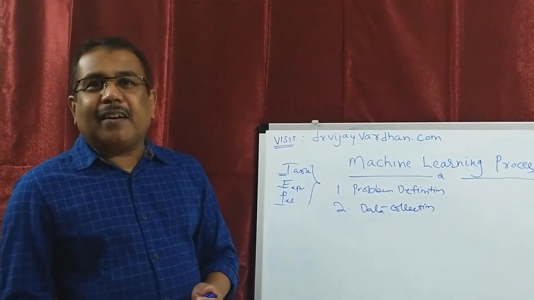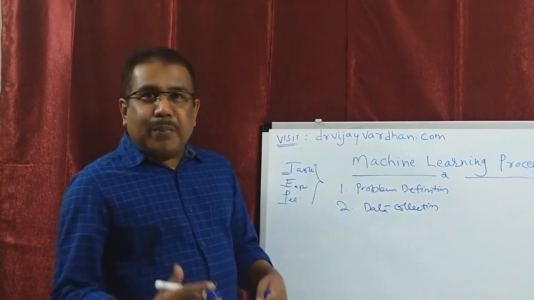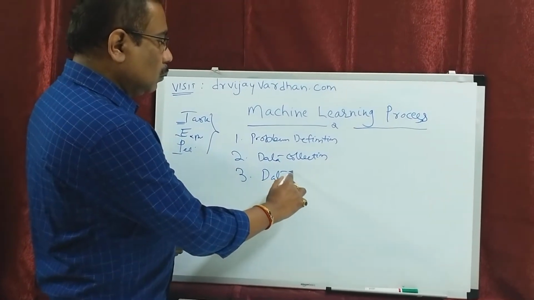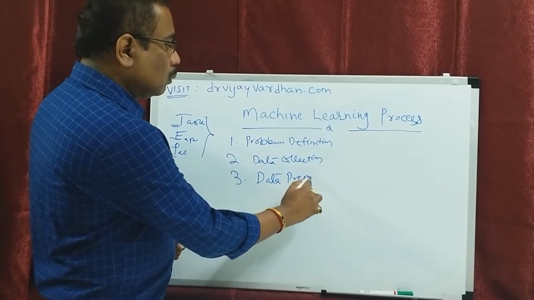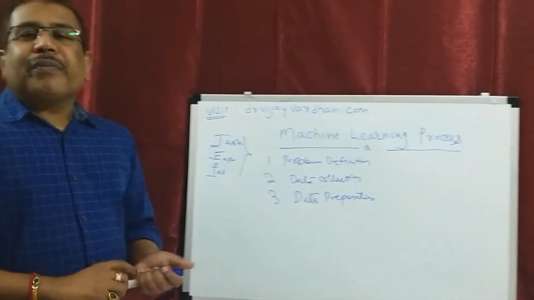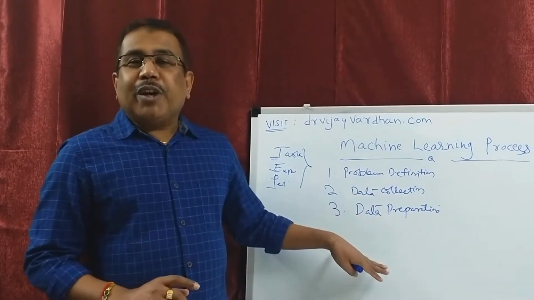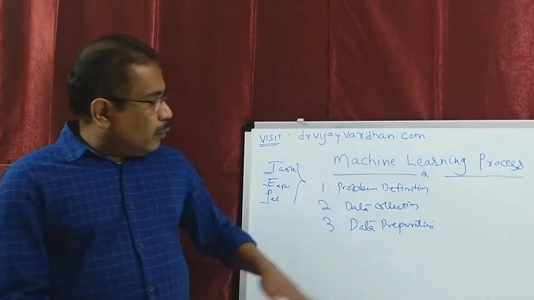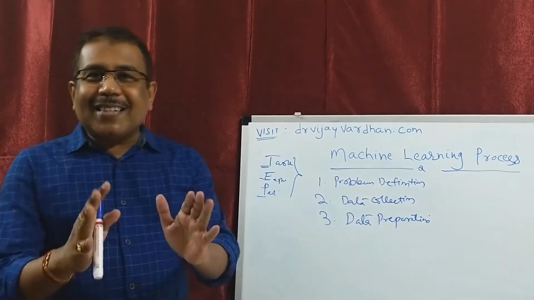Data collection is a very important step in the machine learning process. After collecting the data, the next step is data preparation. You cannot just give the raw data as a feed to the algorithm, so you have to prepare the data. There are certain steps involved.